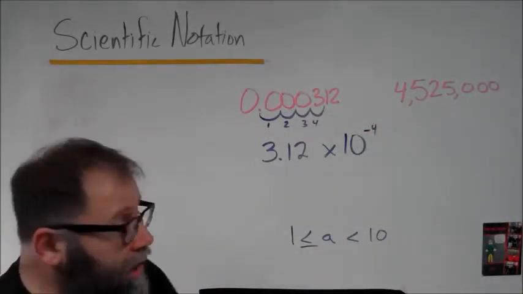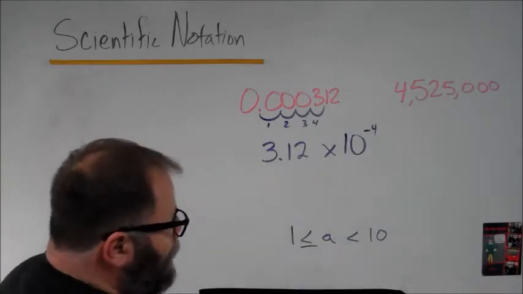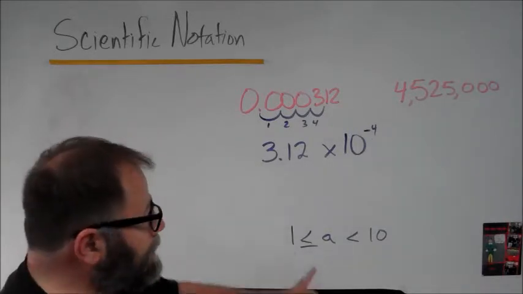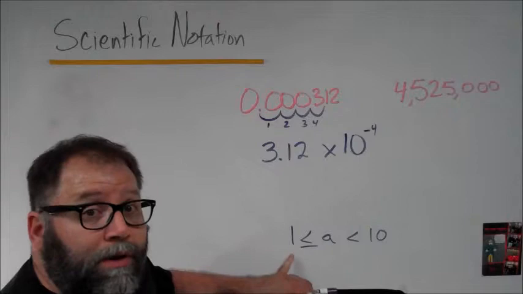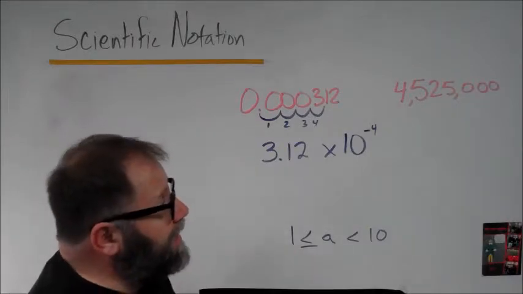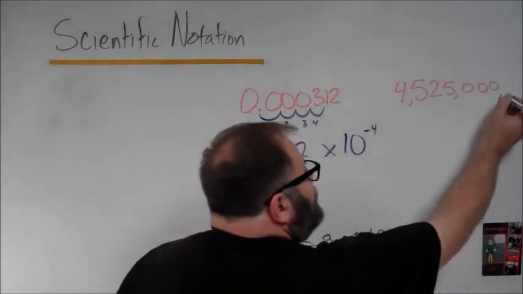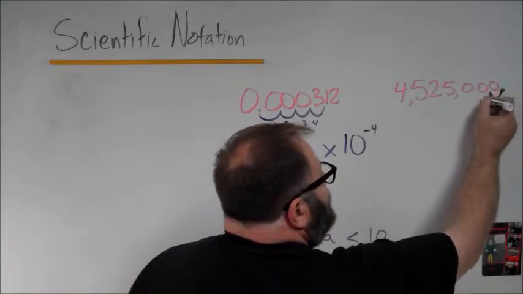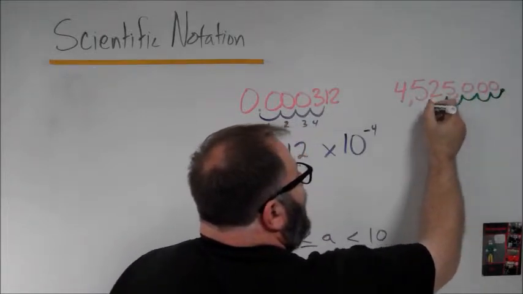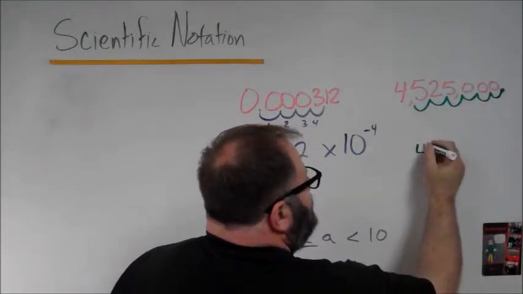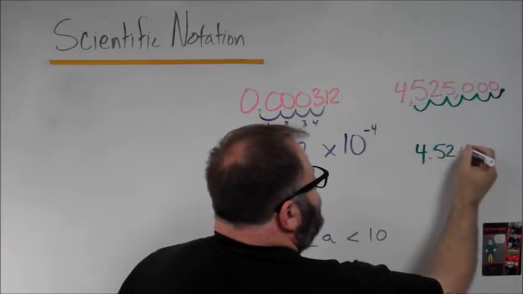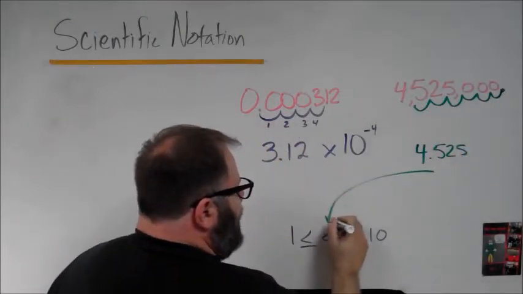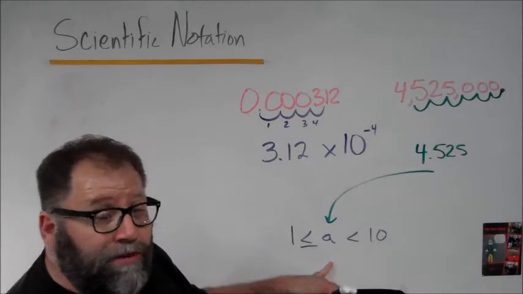Okay, let's do the other one. Remember our rule. A has to be 1 or greater and less than 10. So let's move our decimal first. So here's our decimal. 1, 2, 3, 4, 5, 6. That gives me 4.525. Does that work? That makes that statement true.